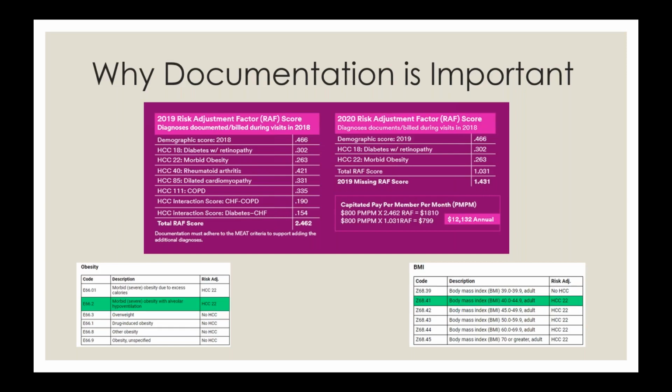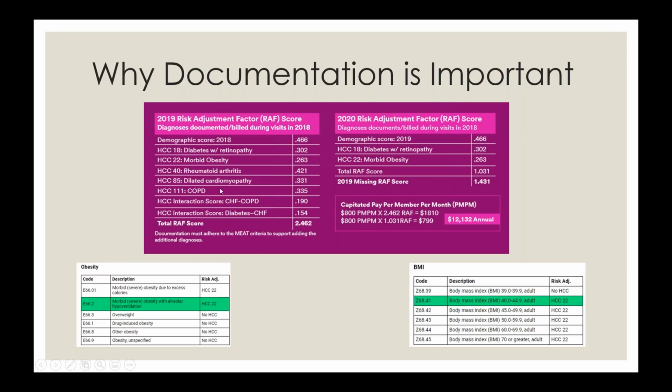And so, that's just kind of showing you those numerical dollars that are affected by those risk adjustment scores. And then even things like obesity, I just put a little table here. If you have your morbid obesity, and then even your morbid obesity with the alveolar hyperventilation, that gets into that HCC category 22.